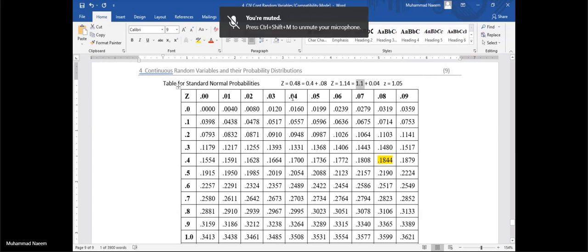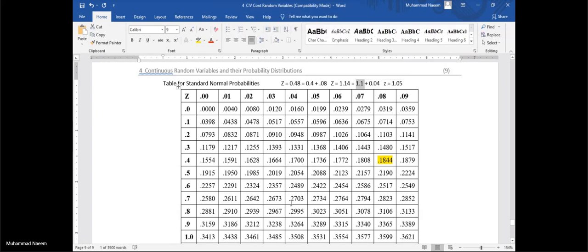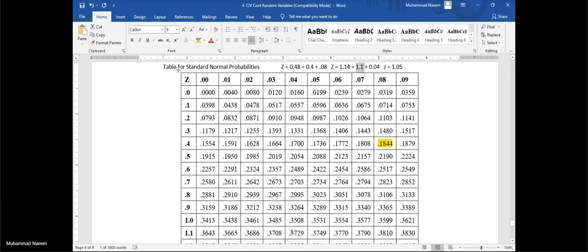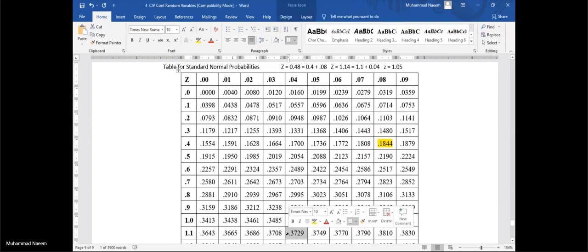So against 1.1 below 0.04, this will be our tabulated area for this point.